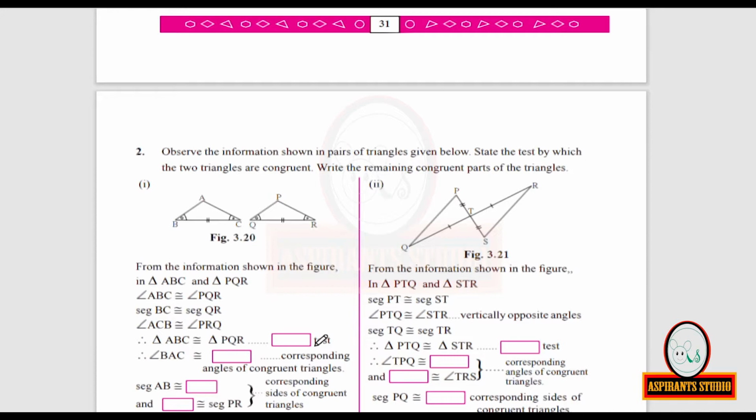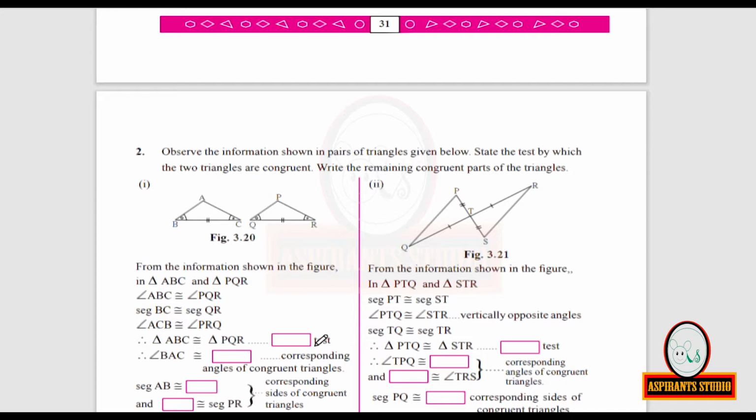If two angles of a triangle and a side included by them are congruent with two corresponding angles and the side included by them of the other triangle, then the triangles are congruent with each other by ASA test.